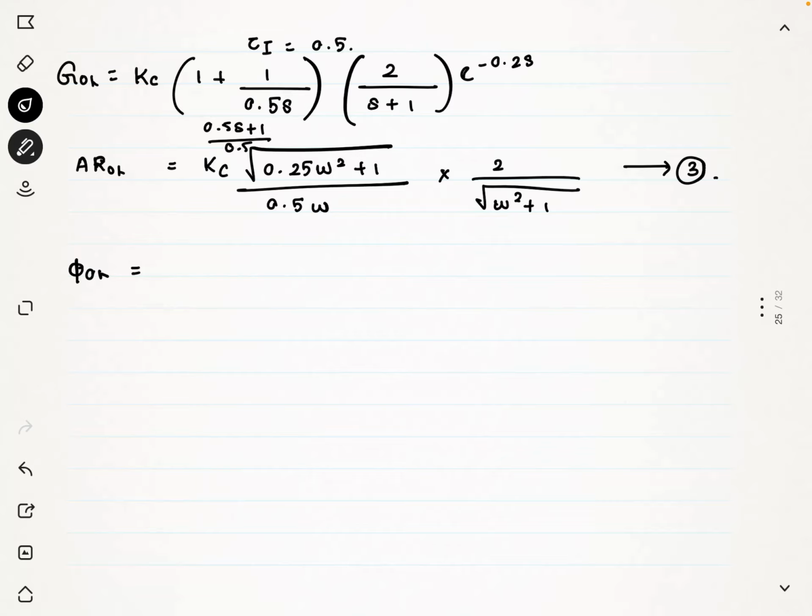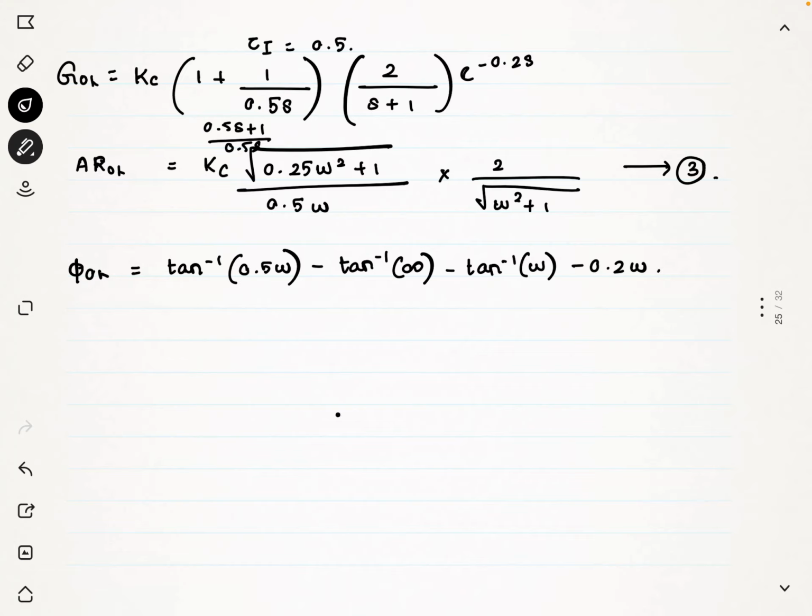So Kc will not have an argument, so tan inverse of 0.5 omega minus tan inverse infinity for the denominator because there is no real part, minus tan inverse omega minus 0.2 omega.